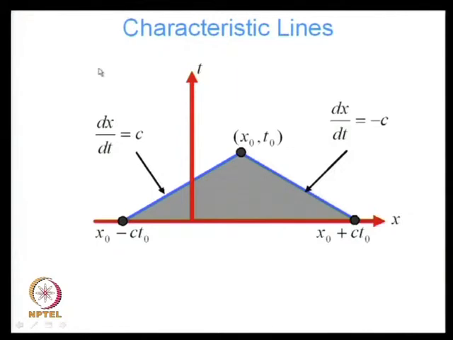If I look at all points on this line, all values of x and t which lie on this line, at each of these points the first part of the solution of the wave equation is going to be the same as it was here.